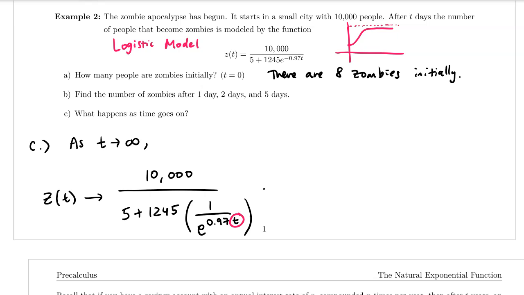So this is going to 10,000 over 5 plus 1245 times something that is essentially becoming 0 as t goes to infinity. So 5 plus 0 is just 5, and we get 10,000 divided by 5, which equals 2,000.